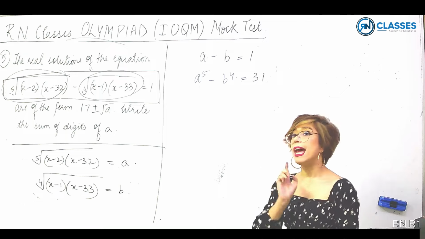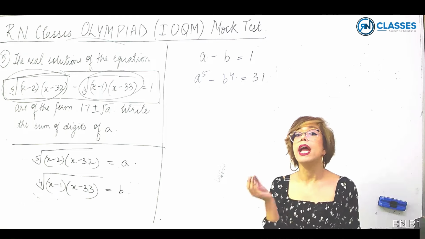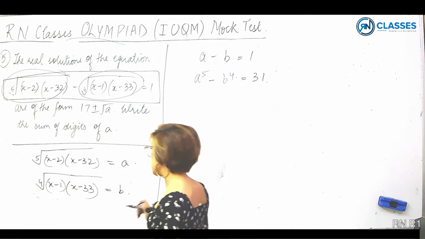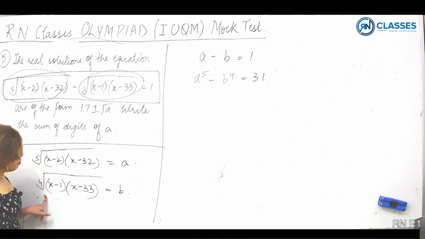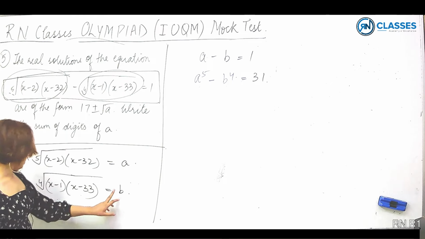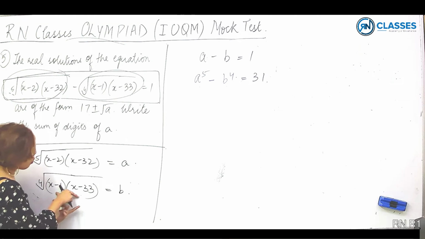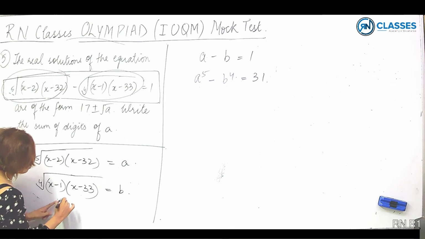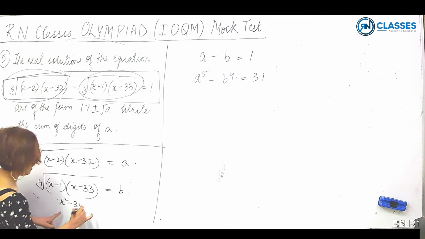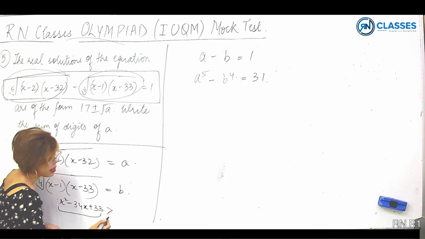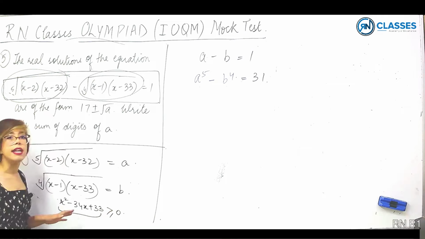I should eliminate the variable with regard to which I know something. Now, b is the fourth root, and a fourth root can be positive as well as negative. Fine, b can be positive or negative. But since this is a quantity inside the root, x square minus 34x plus 33, it has to be greater than or equal to zero.